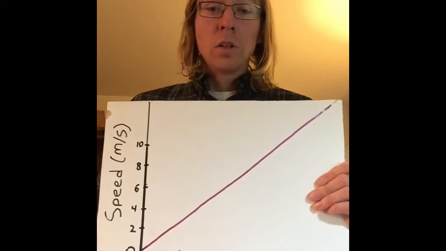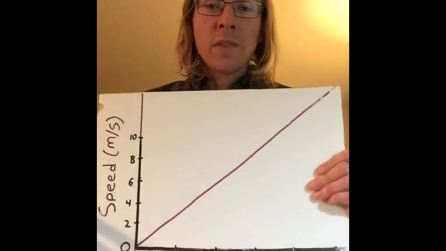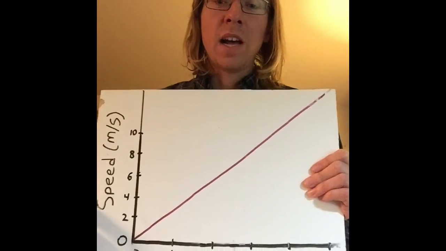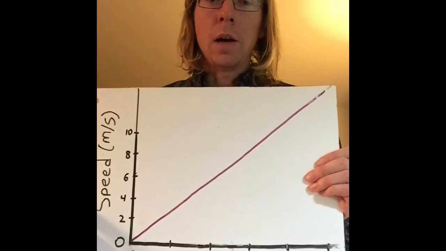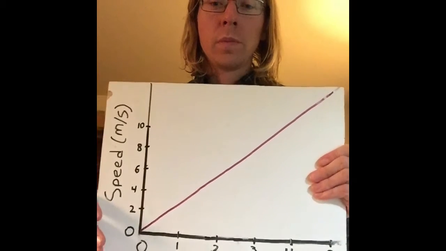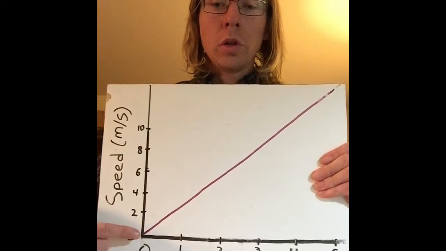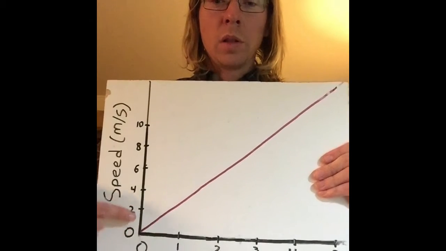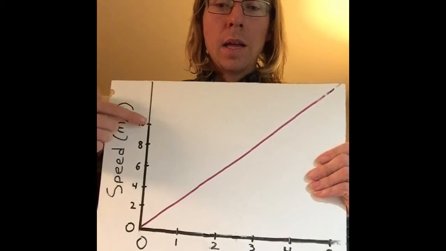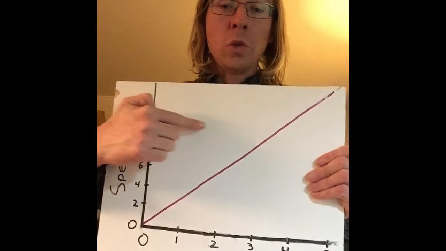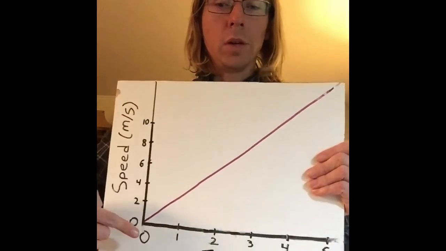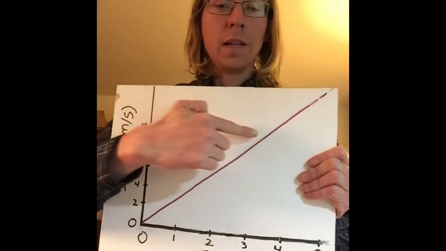All right? So if you're just given a graph and you're asked to find the acceleration, you go up on the vertical axis, and then you run. So rise over run.